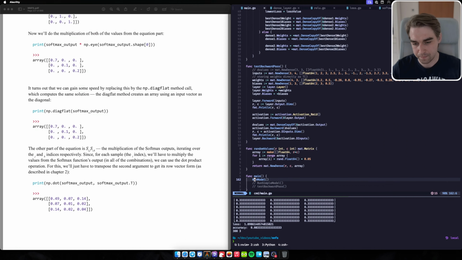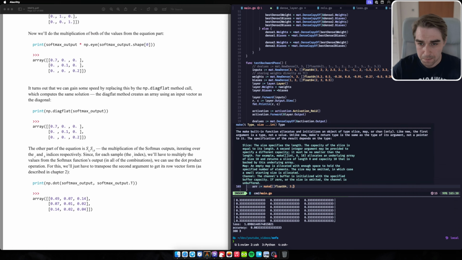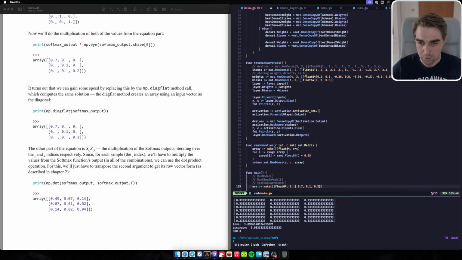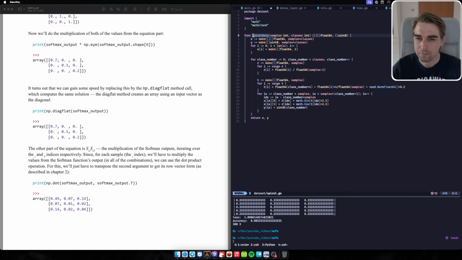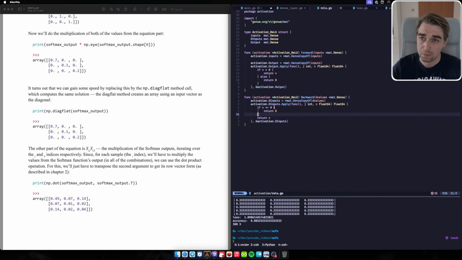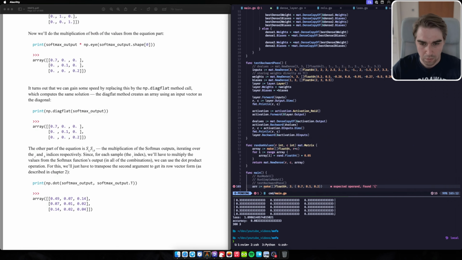I can create a testing array, make float64, for example, three values. Okay, I think like this.